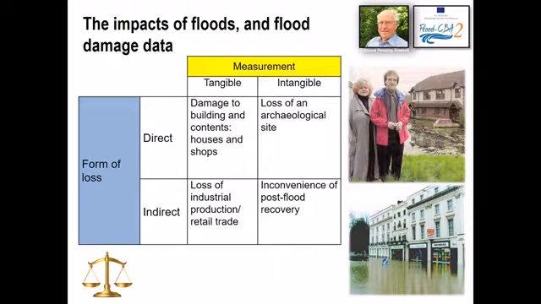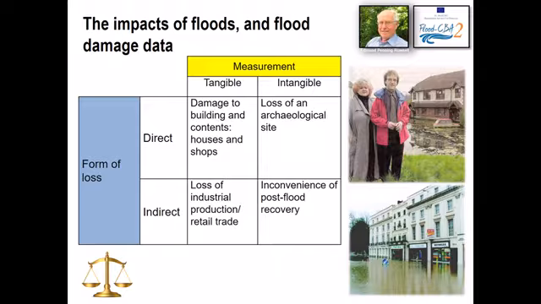And here this simple table differentiates between tangible and intangible flood damages, the tangible being measurable in money terms and the intangibles not. We also differentiate between direct and indirect flood damages. Direct flood damages being damage to a building and its contents.